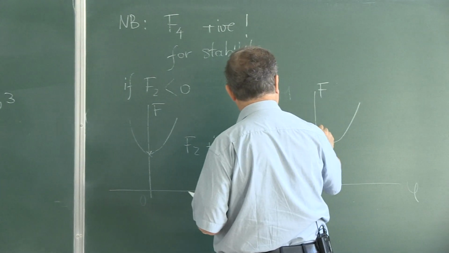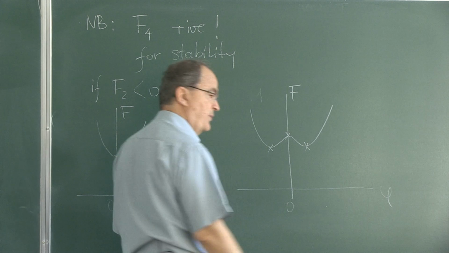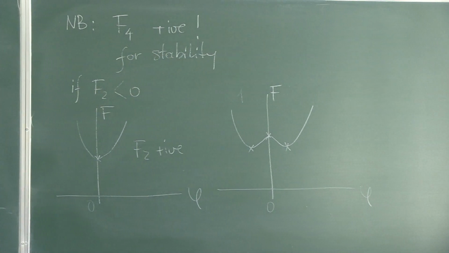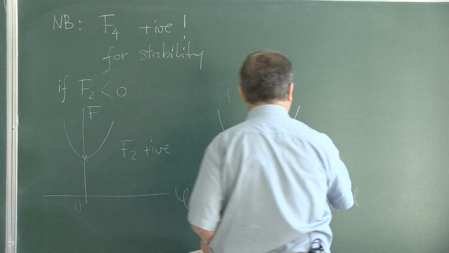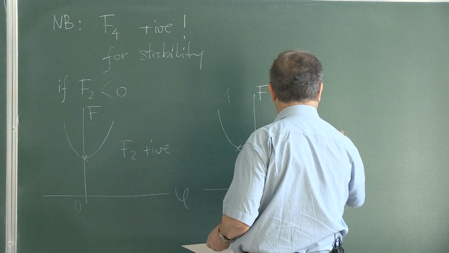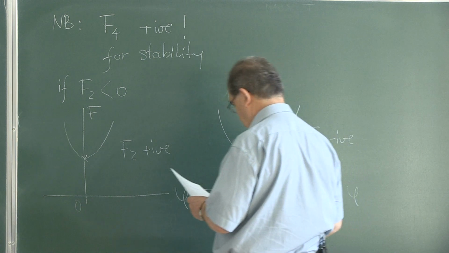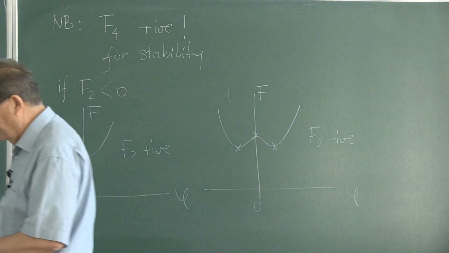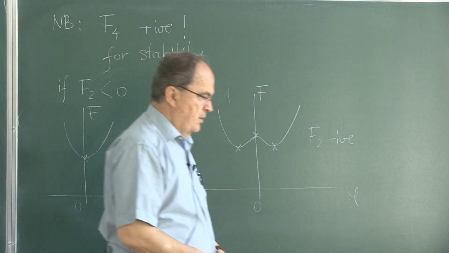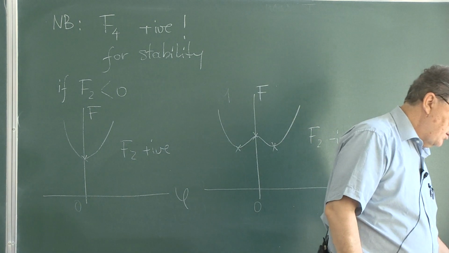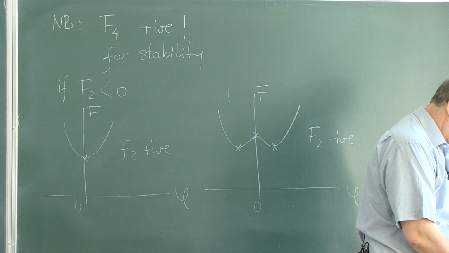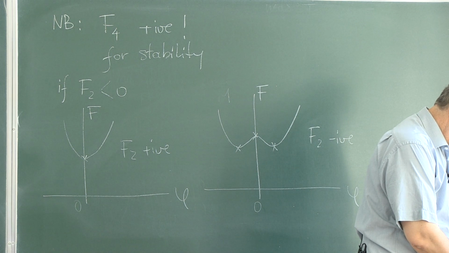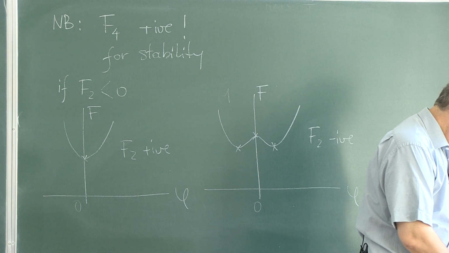So we have 3 roots. This is F2 negative. Very clearly seen from our very simple form of the free energy.